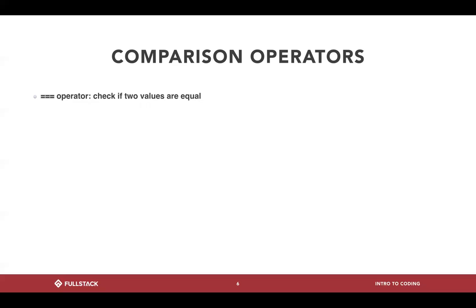Like the string 1 is not equal to the number 1, because they're different things. One's a string, one's a character, and the other is a number. So this triple equals asserts that they both have to be the same type and the same value. We also have the not equals, which checks if two values are not exactly equal.